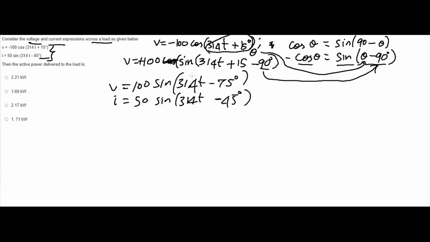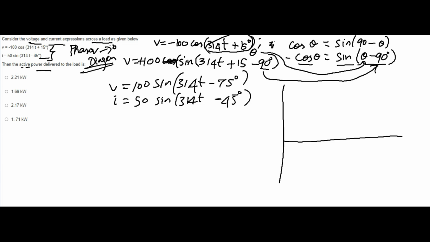Now, for the active power delivered and so on, I'm going to make a draft diagram. This diagram is called a phasor diagram. Phase always represents angle, so I'm going to draw the phasor diagram. Usually the y-axis represents voltage and the x-axis represents current.